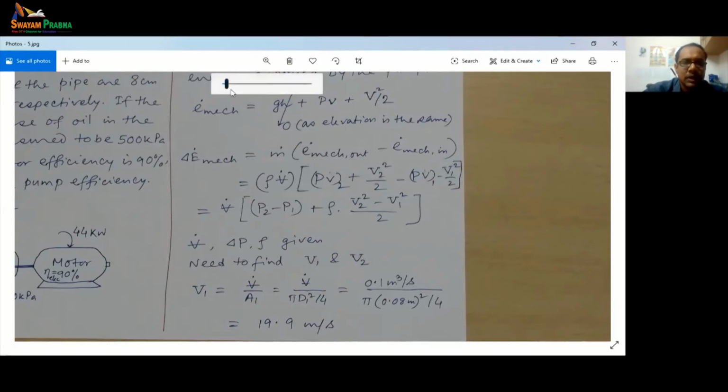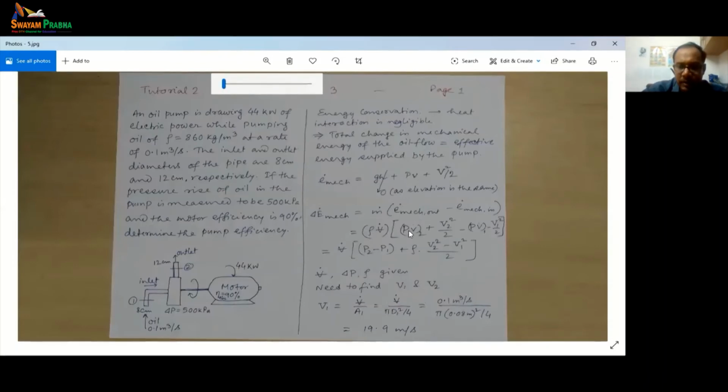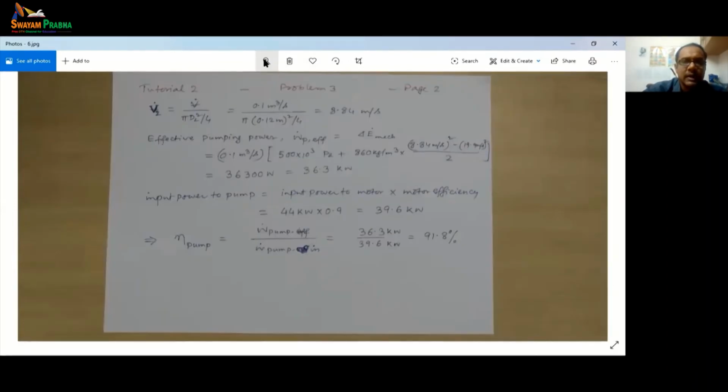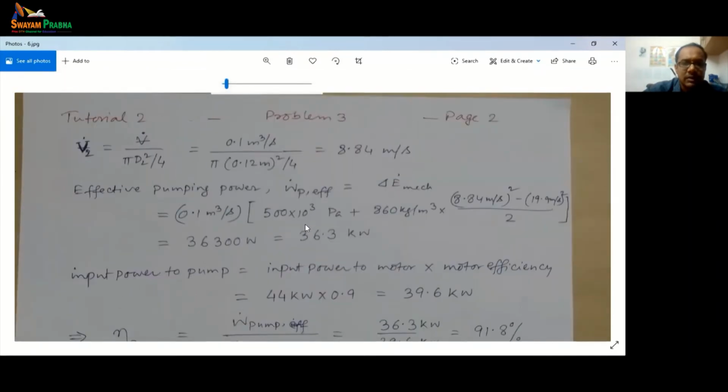Now let's go to the next part, because now we need to find this V2, and then both this V1 and V2 have to be put in here. Delta P is given, so we will get this delta E. Okay, so let's go to the next page where we are finding the velocity in the outlet condition.